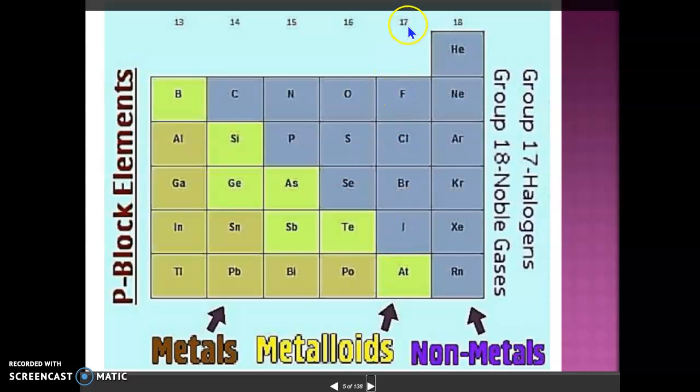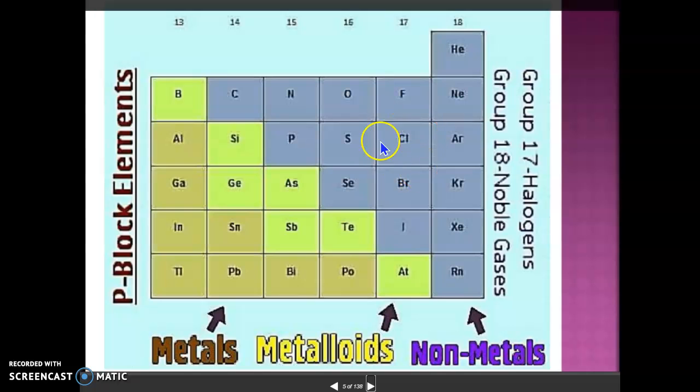The fifth group is the 17th group, also called the halogen family, having fluorine, chlorine, bromine, iodine and astatine. The last group is the 18th group, or noble gas elements, having helium, neon, argon, krypton, xenon and radon.